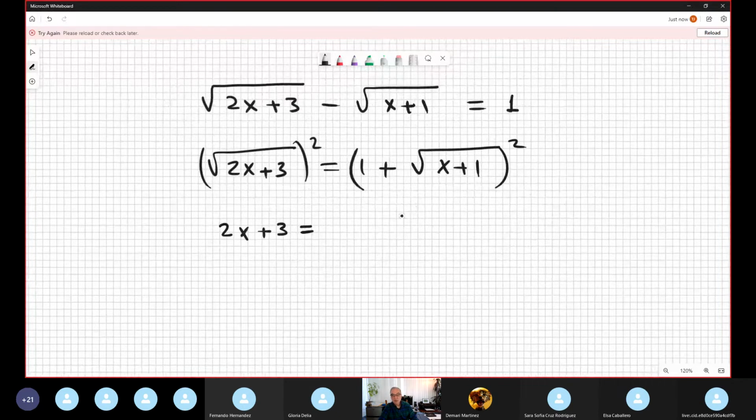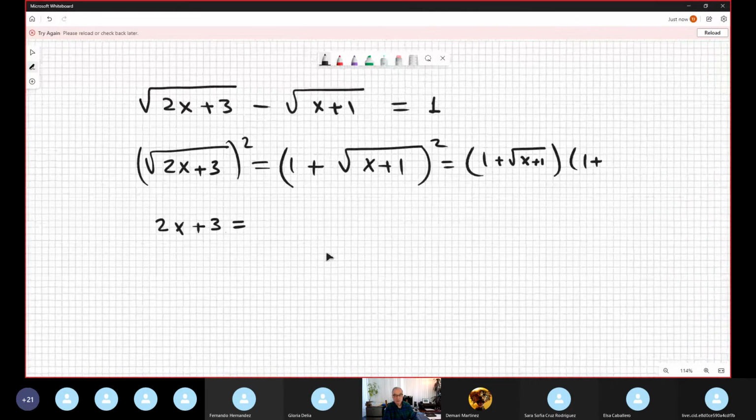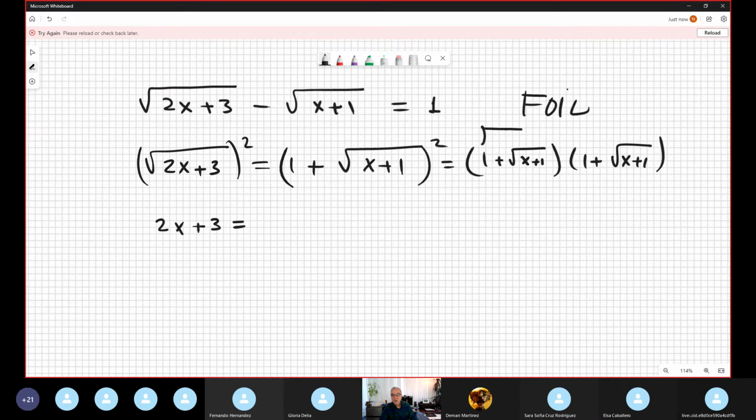And now we have multiplication of binomials: 1 plus radical x plus 1 times 1 plus radical x plus 1. And you FOIL, as always. Multiplication of binomials, FOIL, always. 1 times 1 is 1. 1 times a radical is a radical.